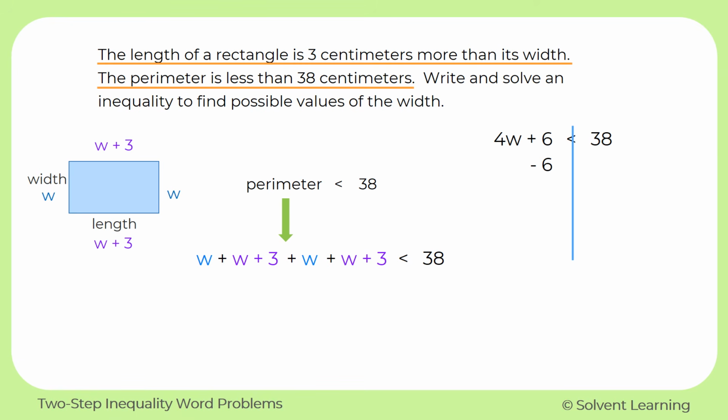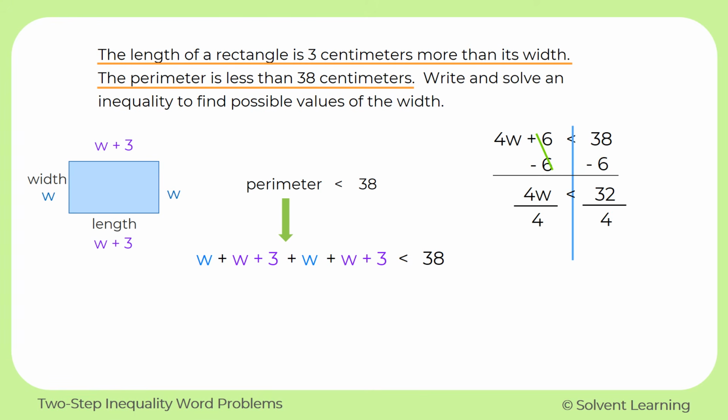We subtract 6 from both sides. The 6 minus 6 cancels out, so on the left we have 4W, and on the right 38 minus 6 leaves us with 32. So 4W is less than 32.